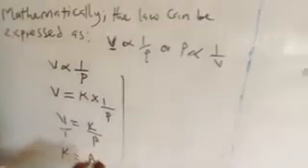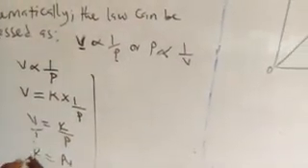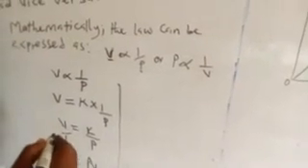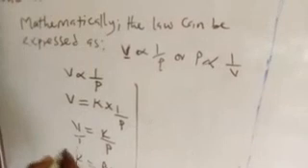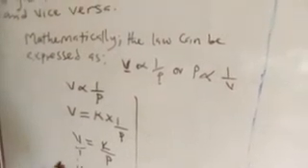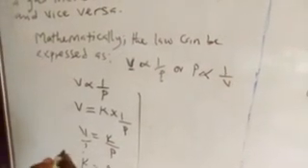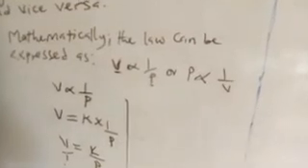Now, this law can also be restated as: the pressure of a given mass of gas varies inversely as the volume, provided that the temperature remains constant.